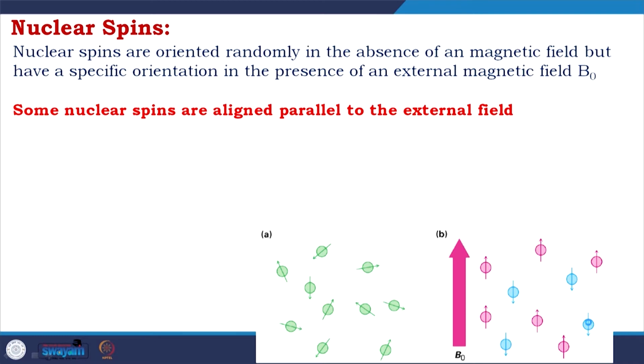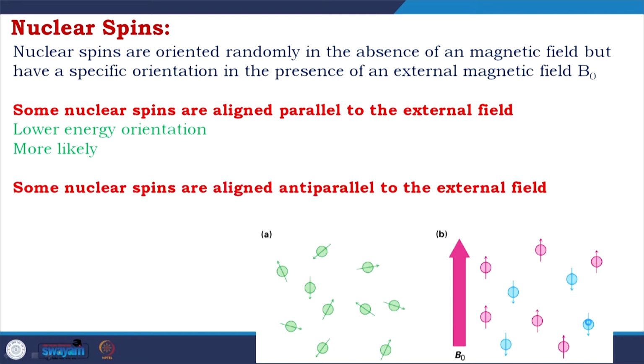Some nuclear spins are aligned parallel to the external field, as I told. They have a lower energy orientation and are more likely. If you see here, they were randomly oriented, and when the field is applied, some are aligned in the direction of the applied magnetic field, whereas others are opposite to that. Some nuclear spins are aligned anti-parallel to the external field.